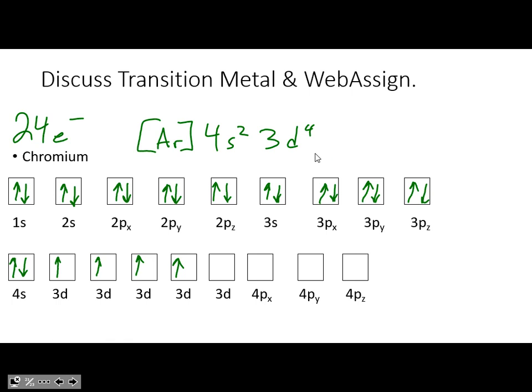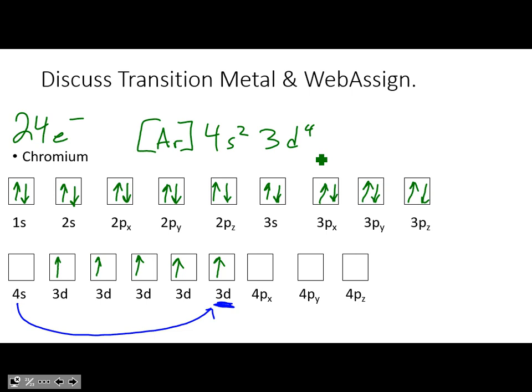And this time, it's not to fill up any orbitals, but it's to make sure that I don't have this empty seat right here in the d orbital. It doesn't want it, so it's going to transition an electron from that 4s2 to that 3d.